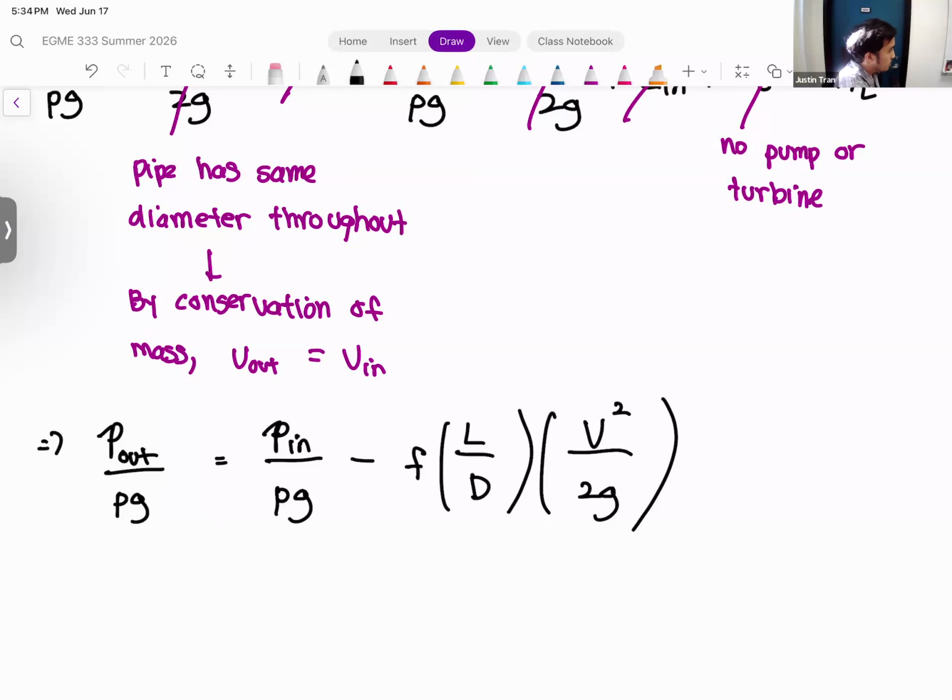All right, so from here it's pretty straightforward. The pressure drop in this situation is just going to be P in minus P out, so let's isolate that. Let's multiply both sides of this equation by the density times the gravity, which cancels out the denominators on both of the pressure terms. Let's move P out to the right side and the head losses term to the left.